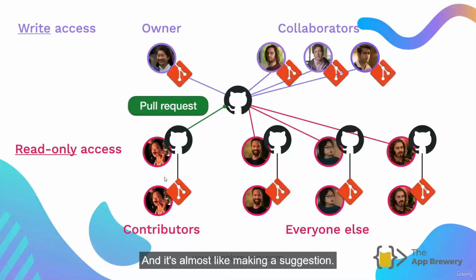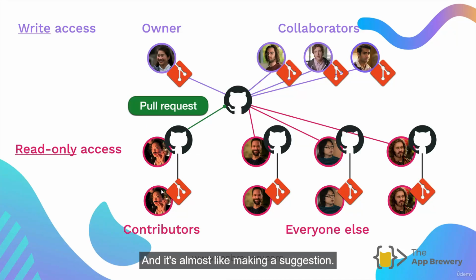Here you can see there were collaborators and contributors and everyone else. A contributor is the one who sees the user's repository, and when he wants to change something, he can send a pull request to the user, so that whenever the owner accepts, it will be merged. Otherwise it won't.